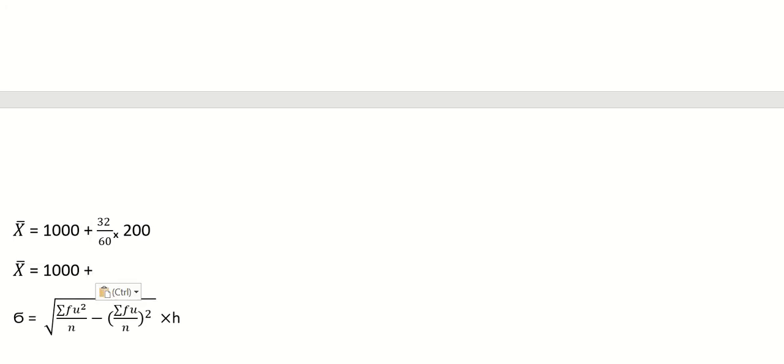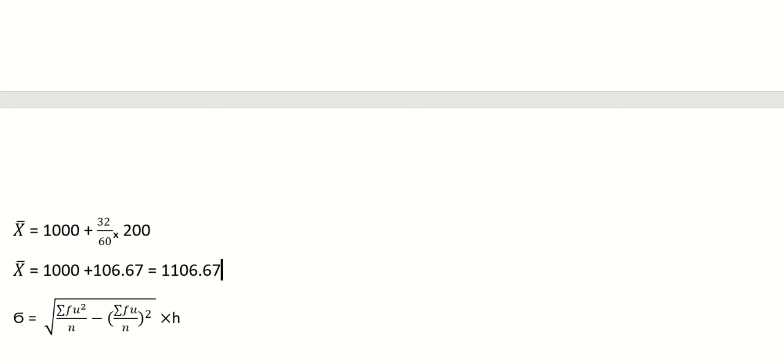So 32 divided by 60 into 200 is 106.67, and the mean would become 1106.67, right? So this is our mean value.